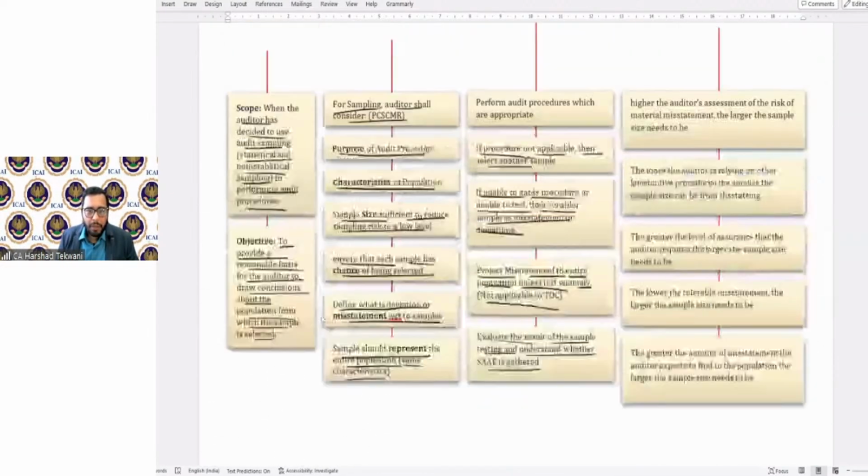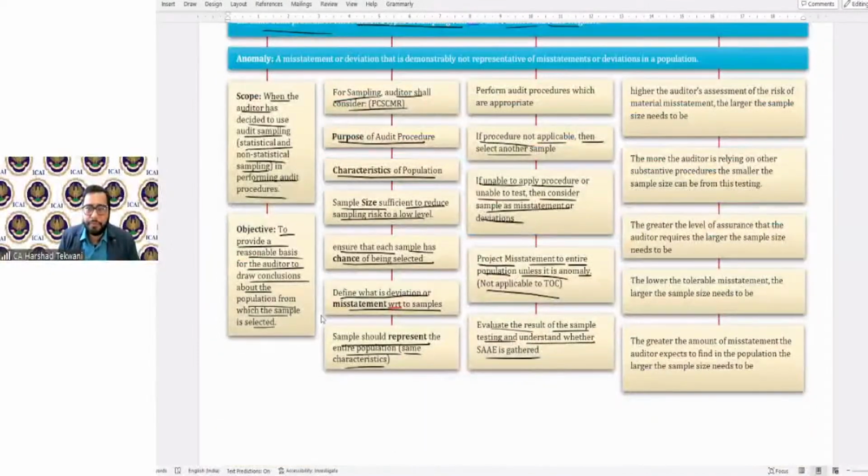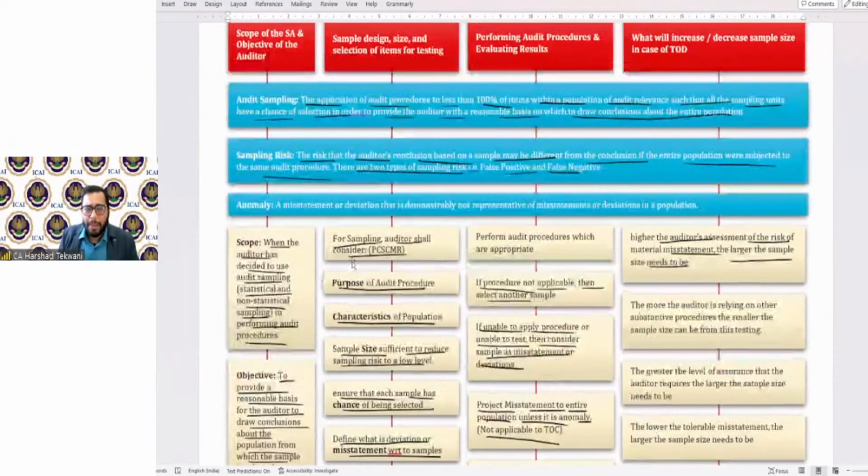Then when I have a higher risk of material misstatement, I need to select higher samples in order to get more comfort. So the sample size is directly connected with my risk of material misstatement.